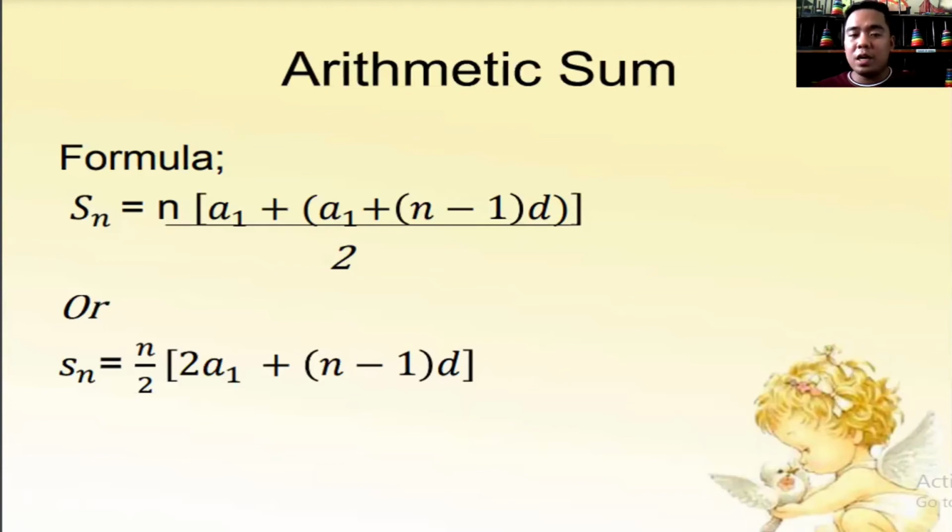Constant na ng 2. 2a sub 1, okay, based on our derivation, makombine mo ng a sub 1 sa ibabaw. So 2a sub 1 plus n minus 1 times d. Kabantay mo ng n minus 1 times d. That is the formula in arithmetic.